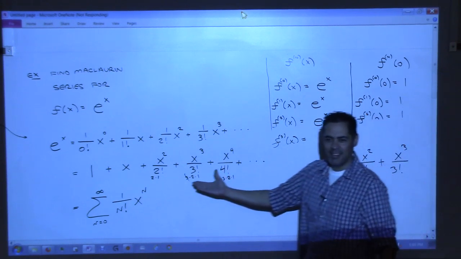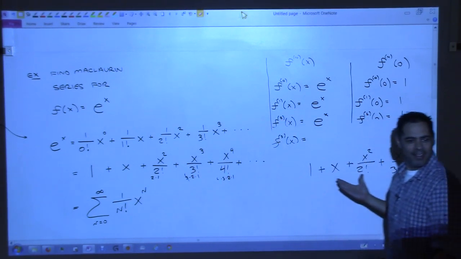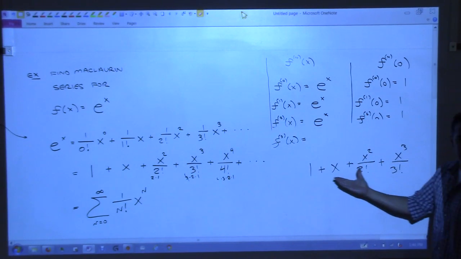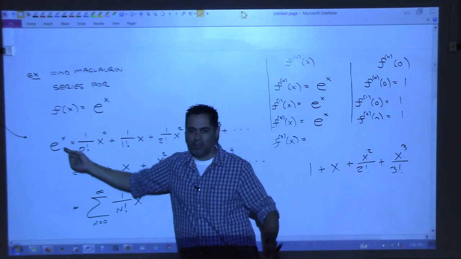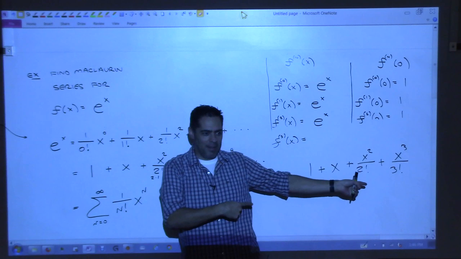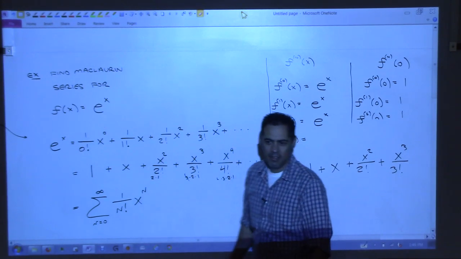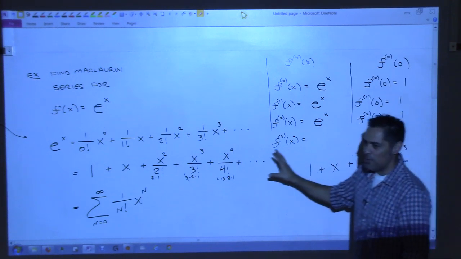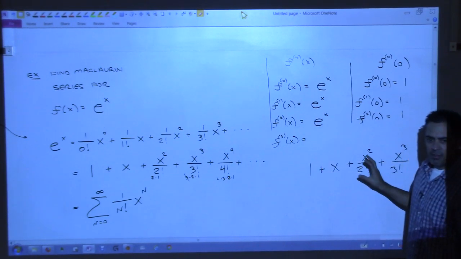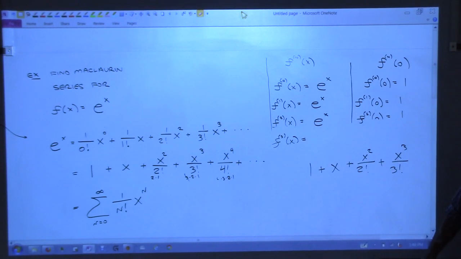It's the same thing. The derivative of e to the x should be the same thing, right? It's the only function that does that. There's no other function that does that. Isn't that pretty cool? All right.